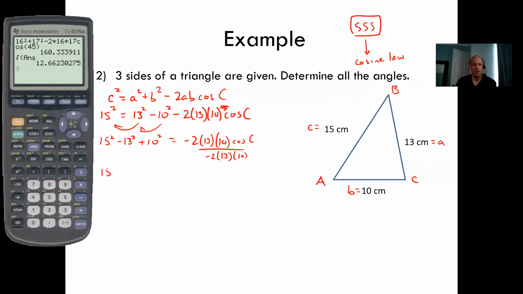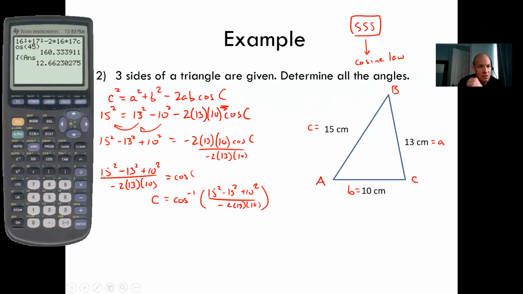So this will become 15 squared minus 13 squared plus 10 squared over negative 2, 13, 10 equals cosine of C. So at any point you can go ahead and calculate that. I'm going to show you what I'm going to do on a calculator to work this out. I'm going to say C is equal to the inverse cosine of, and then all that stuff. So that's 15 squared minus 13 squared plus 10 squared over negative 2, 13, 10.